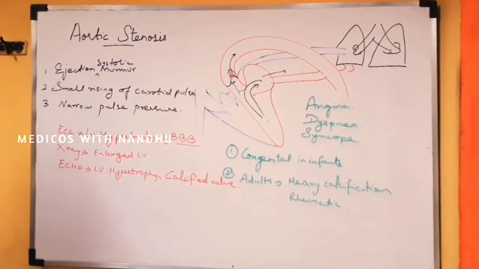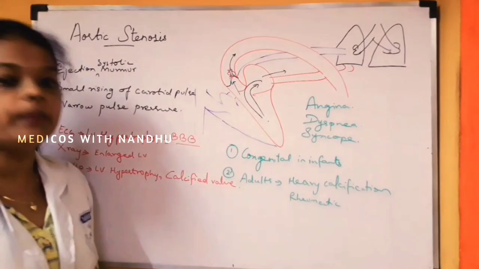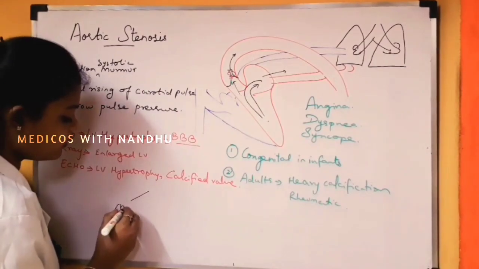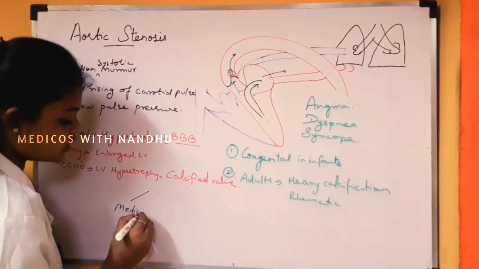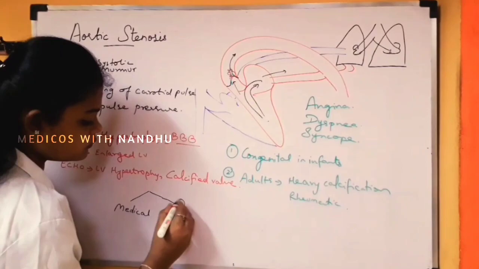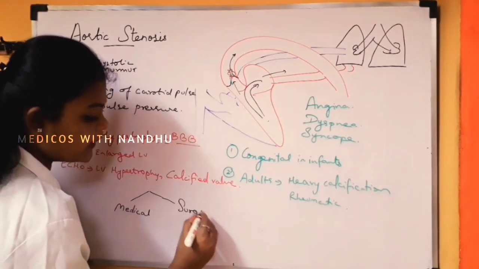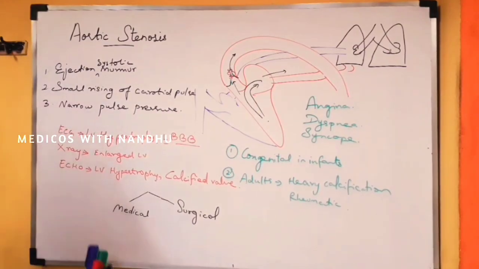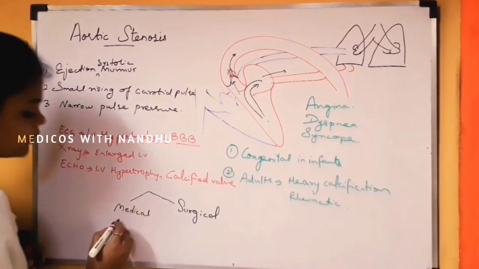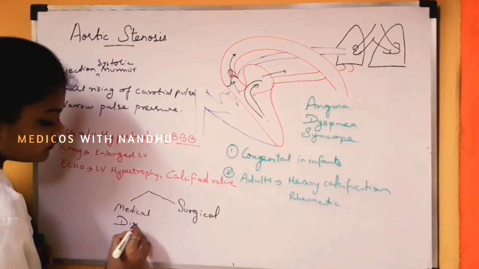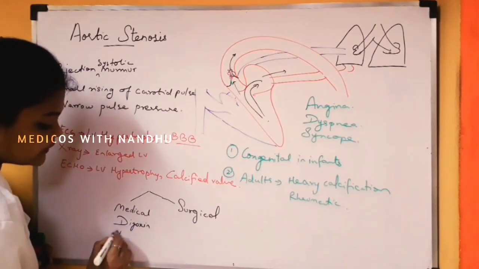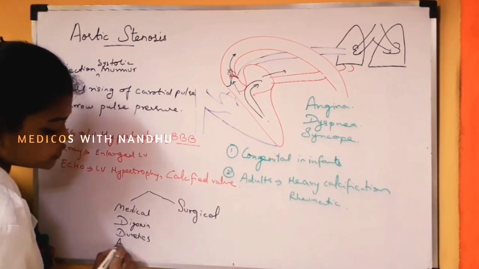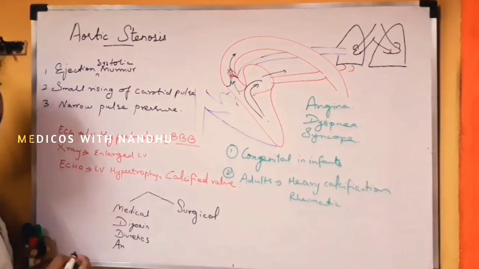And at last, coming to management. Management will be medical and surgical. On the medical side, we can give pharmacological management: digoxin, diuretics and anticoagulants to reduce the systemic risk of embolism.